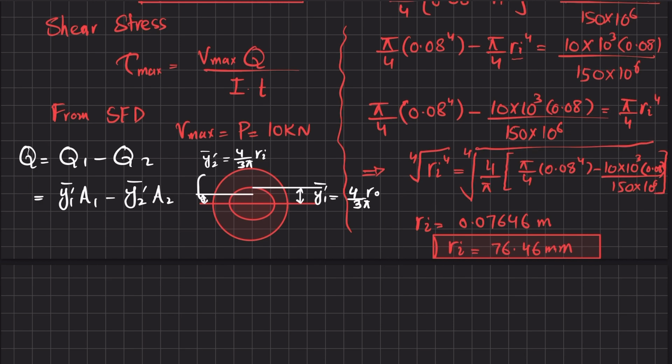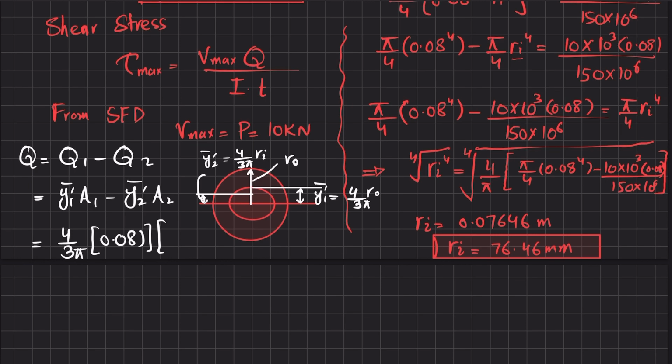Clear? And so Y1 dash is 4 over 3 pi R outer, which is 0.08, into area A1 of this semicircle having outer radius R outer.